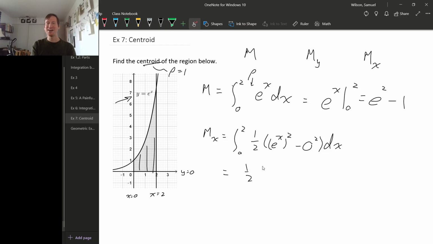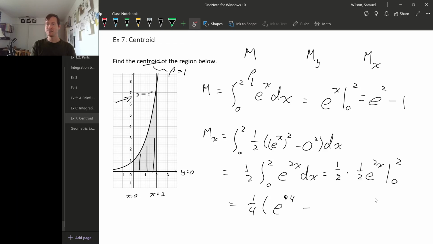So 1/2 integral from 0 to 2 of e to the 2x dx. So 1/2 times, antiderivative for e to the 2x is 1/2 e to the 2x from 0 to 2. So we get 1 over 4 times e to the 4th minus 1.